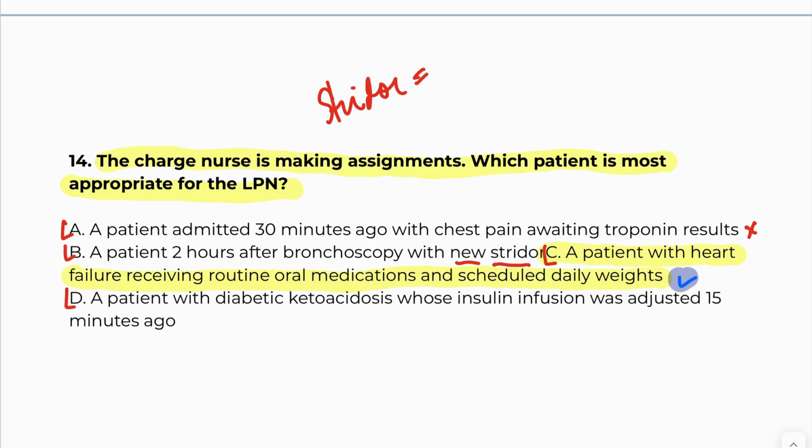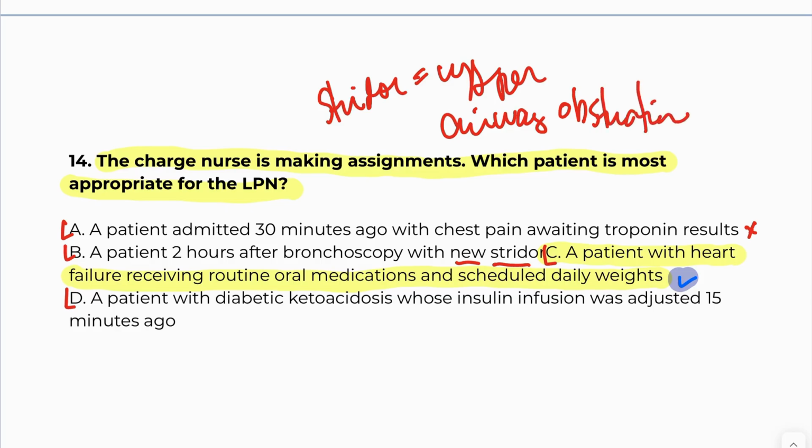When you have stridor, you have an upper airway obstruction, right? So that's still a concern. The word stridor is already going to tell you that now I need to watch for this.